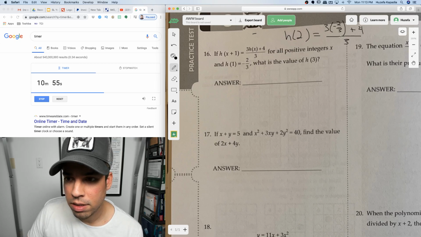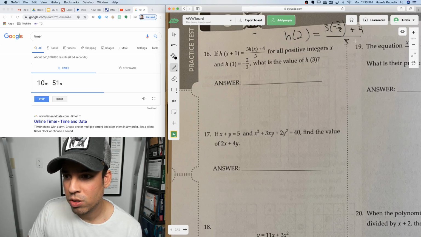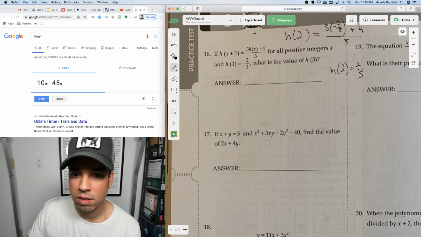And that is negative 2 plus 4, which is 2/3. So h of 2 is positive 2/3. Now I get it. It's like a recursive.